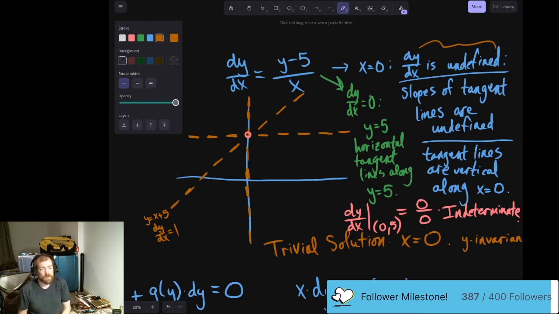Okay, so the major point here is that as we move away from our critical point, as we move further and further left, we're getting further away from our steep slopes, which are defined by x equals 0, and we can see here this is where our slope is equal to 1, y equals x plus 5.